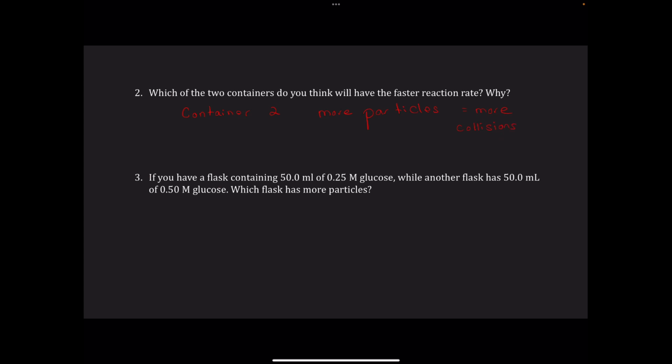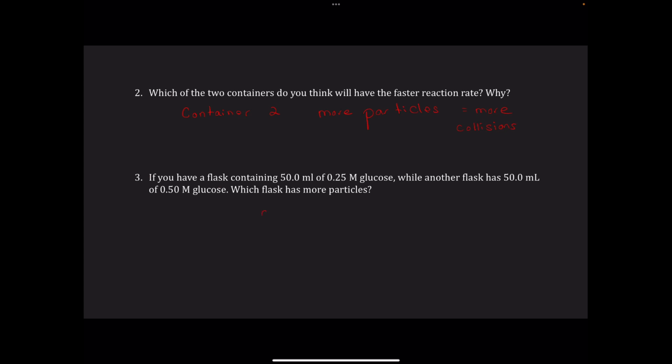So now let's think of this in terms of something we might do in the lab. So say we have a flask containing 50 milliliters of 0.25 molar glucose. I have another flask with 50 milliliters of 0.5 molar glucose. We're asked which flask has more particles. So same volume, 0.25 molar versus 0.5 molar.